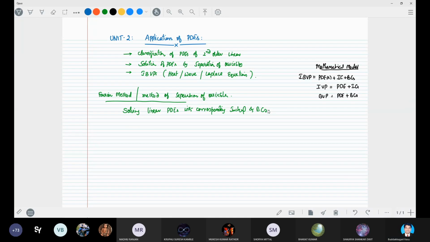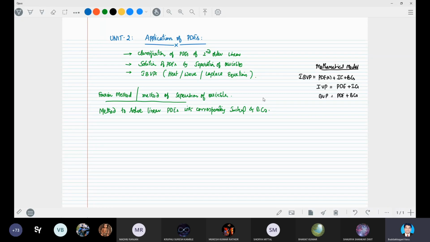Okay, this is the method to solve. Here you may write: method to solve linear PDEs with corresponding initial and boundary conditions.